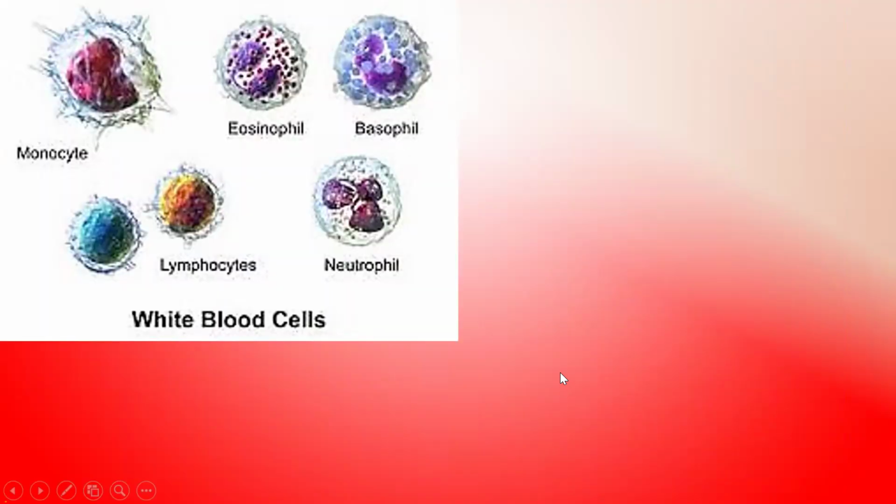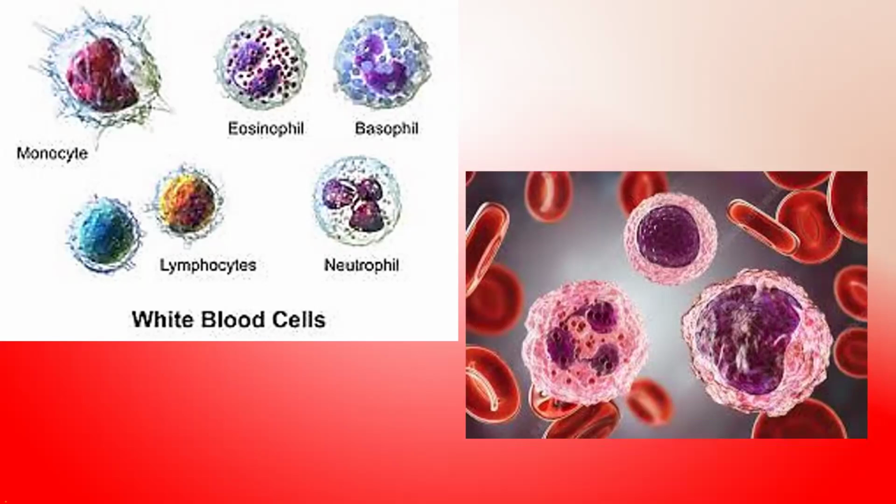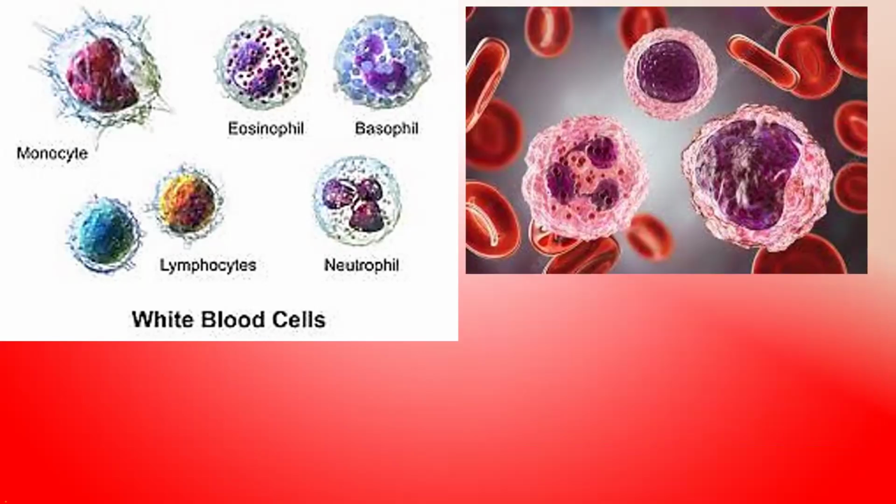The second type of formed elements are WBCs or white blood cells. These are least in number in blood but are very, very essential for our immune system. These WBCs identify our own cells, that is self cells, from the non-self cells, that is foreign material.